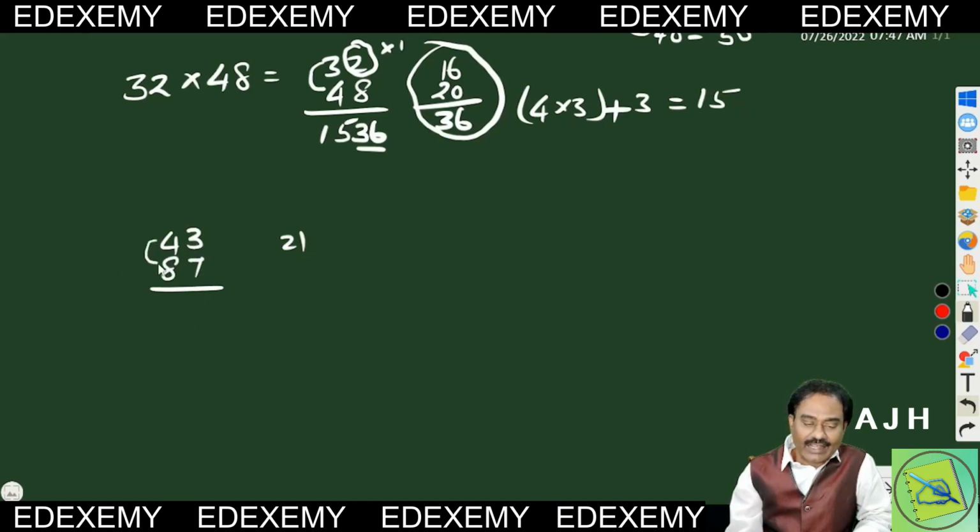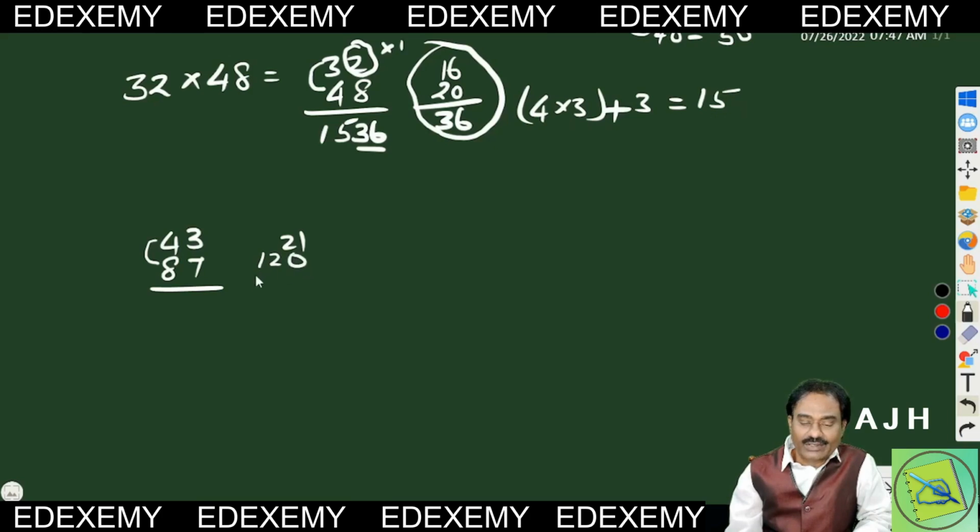If you multiply the unit digits, 7 into 3 is 21, and the difference of rotation is 4. Therefore you multiply 4 with the unit digit 3. 3 into 4 is 12. 12 we have to write in tens, therefore 120.